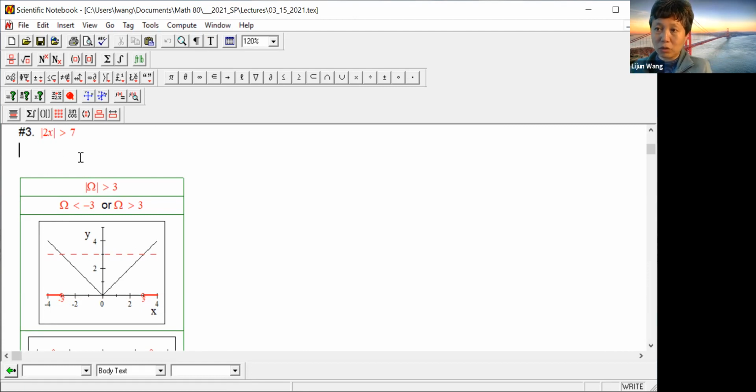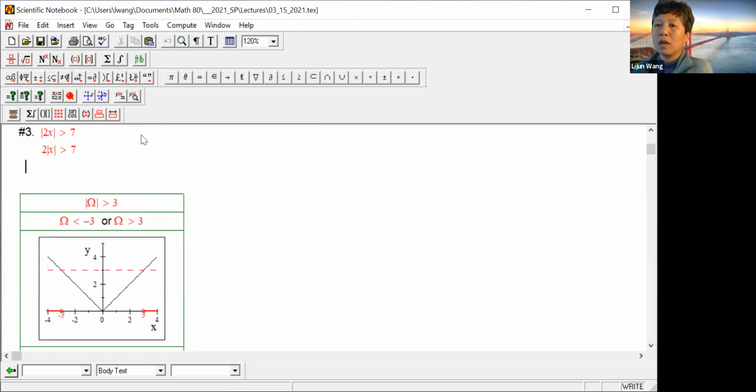Okay, there are 2 ways to do it. You can take the 2 out: 2 times absolute value of x greater than 7. And then you're going to have absolute value of x larger than 7/2.